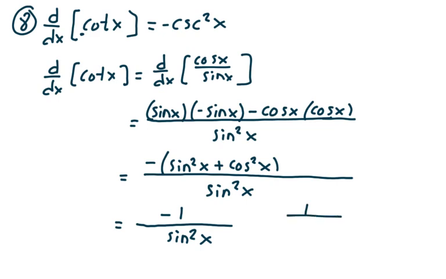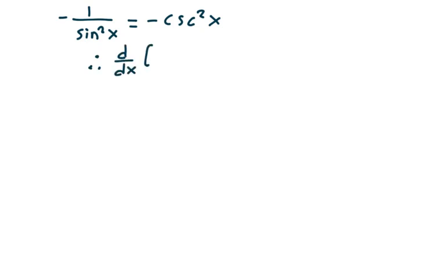But remember, 1 over sine of x is cosecant x, right? So negative 1 over sine squared x is negative cosecant squared x, and I'm done. So my conclusion is that the derivative of cotangent x is negative cosecant squared of x.